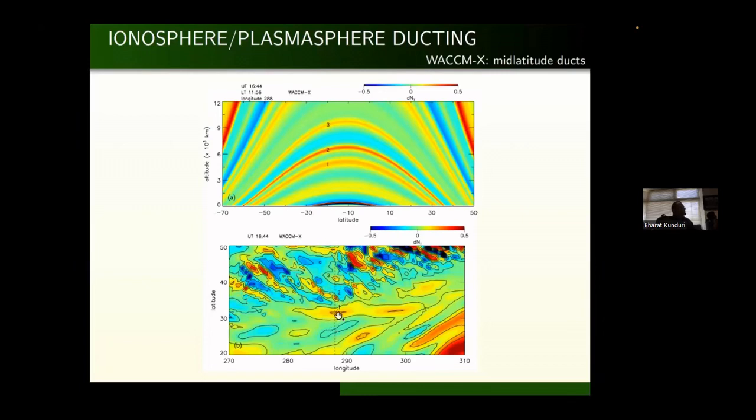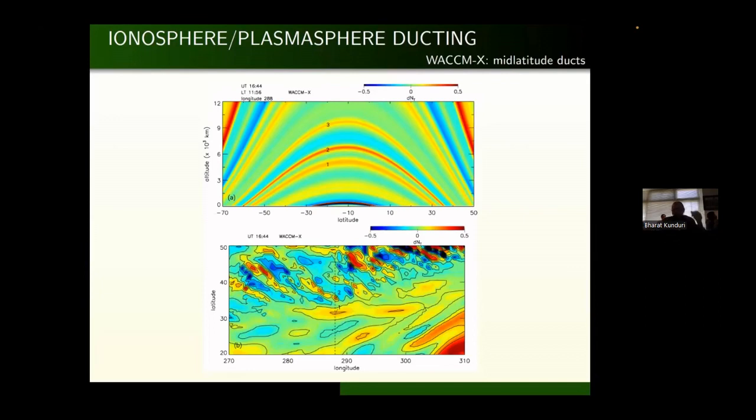The point here is if you look at 2, you can see 2 is limited in L shell or altitude or latitude, but here 2 is also limited in longitude. So we have these closed contours, so there really are duct-like features. It's not like it's really spread out one way or the other.